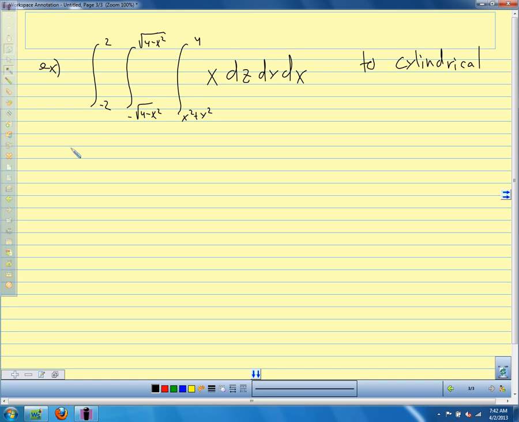So from our limits of integration, our first integral is with respect to z. So x squared plus y squared is less than or equal to z, less than or equal to 4.